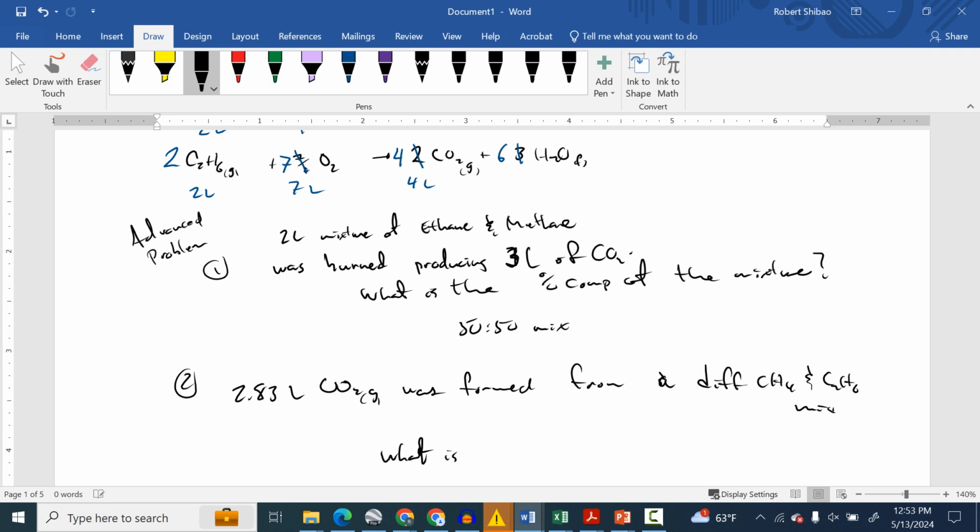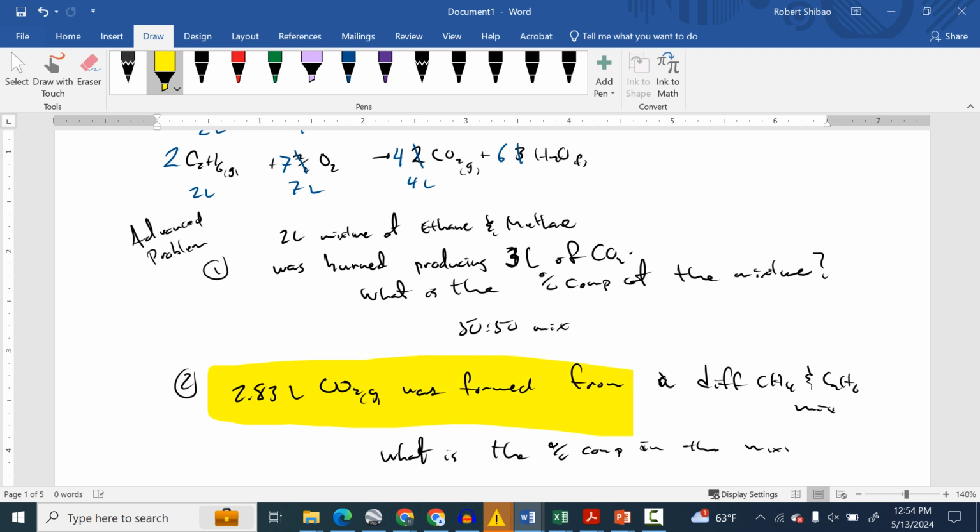What is the percent composition in the mix? This is going to be your bonus question for the last test. This one we'll do tomorrow, and this is what I'm going to post for tomorrow, okay? We'll stop now.